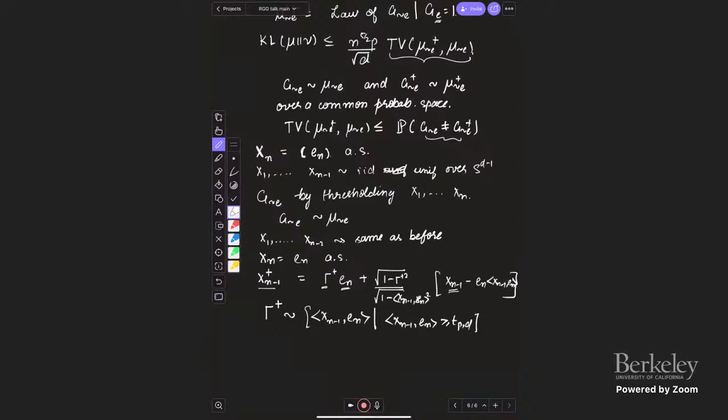Now we need to bound the probability that G tilde E is not equal to G tilde E plus. When does this event happen?